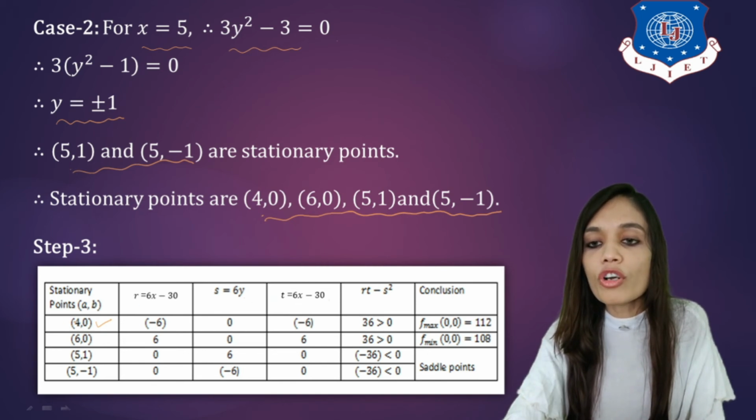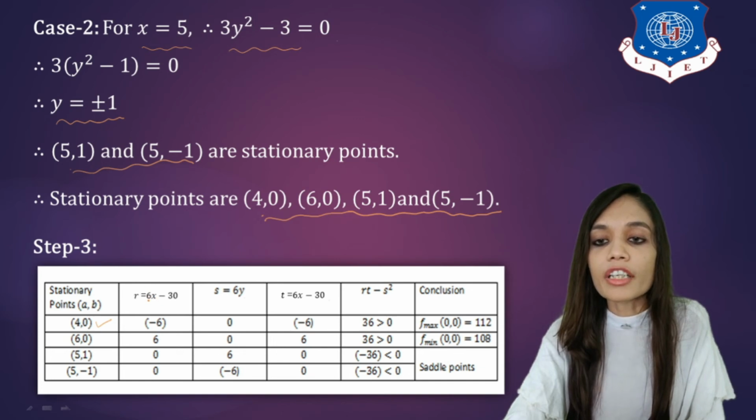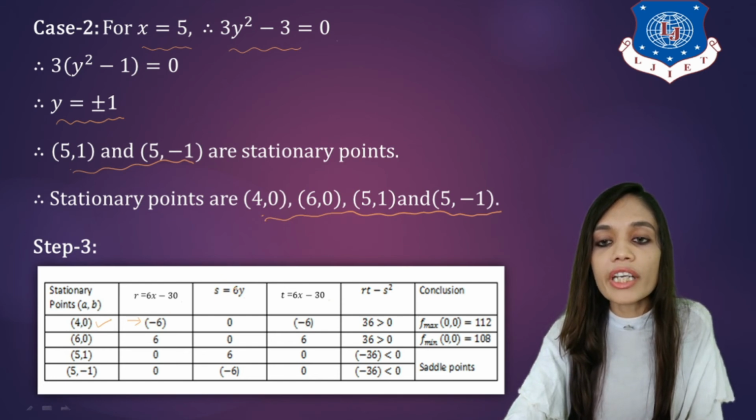So on putting x is equal to 4, what we will get? 24 minus 30, that will be equal to minus 6. Same, put y is equal to 0 in s, so answer will be 0. Again this is similar as r, so again answer will be minus 6.